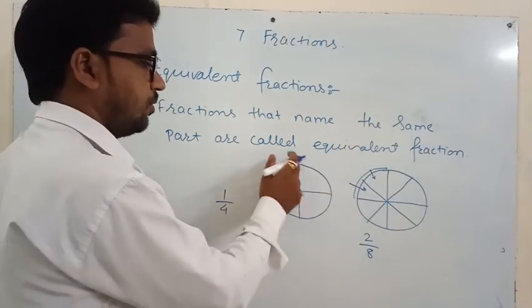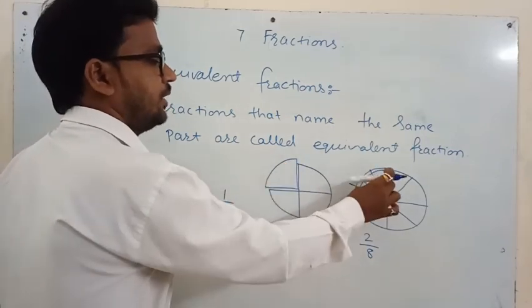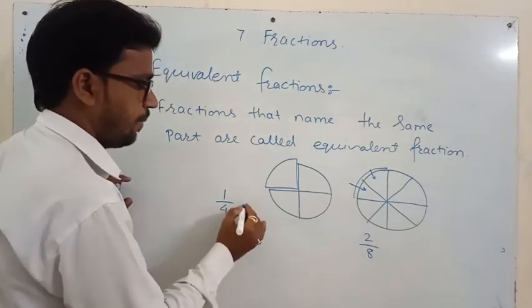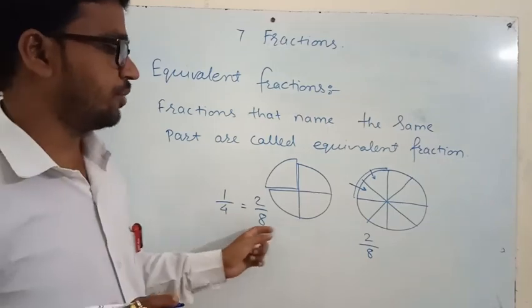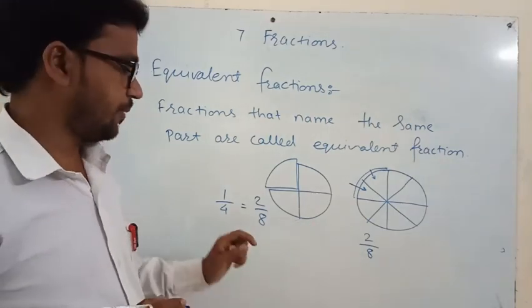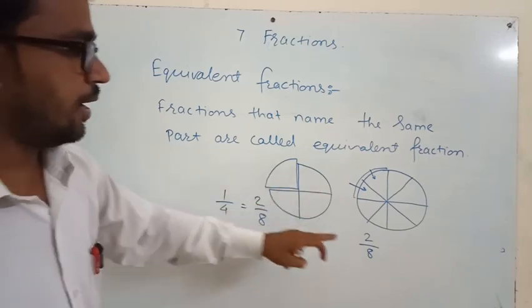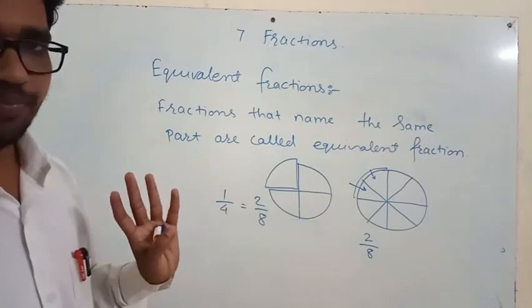Here we take one part, and that part is divided into two parts. So 1 by 4 equals 2 by 8. This one part from the 4 and these two parts from the 8 are the same.